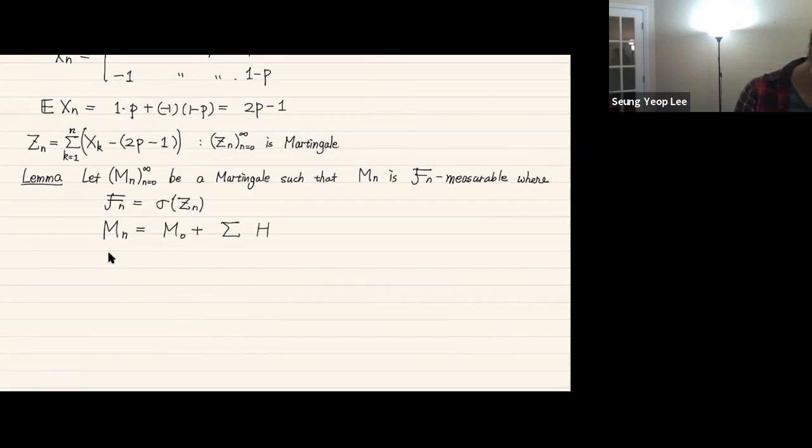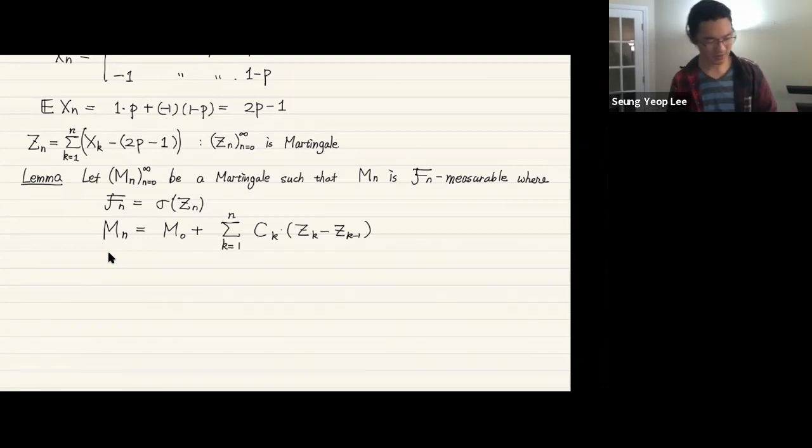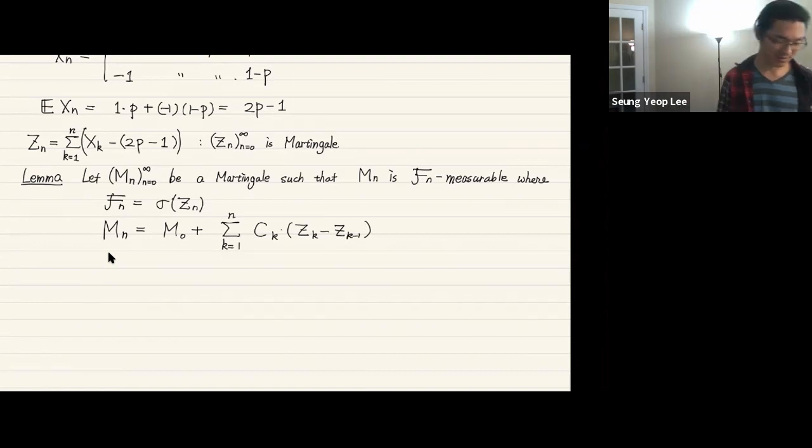I usually use C for the predictable sequence, so let's stick to the same notation: the sum of Ck times (Zk minus Zk minus 1), k from 1 to n. That's the martingale transform.